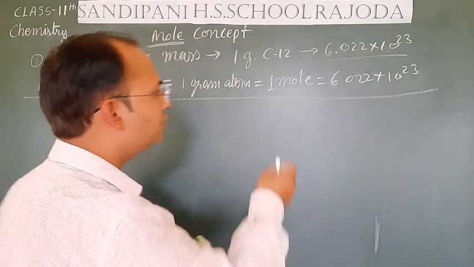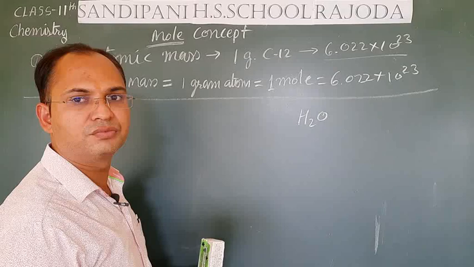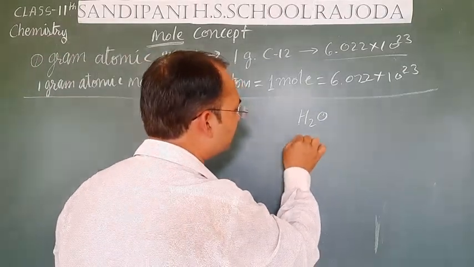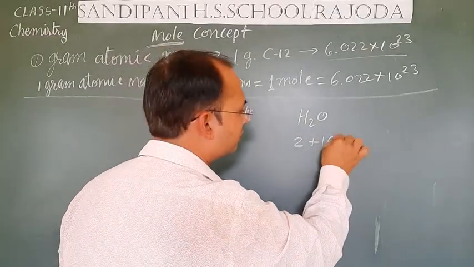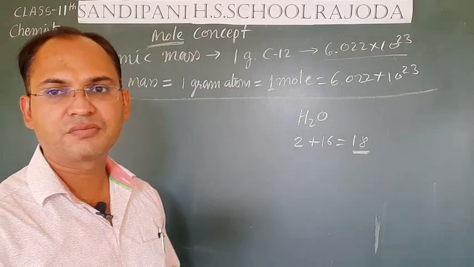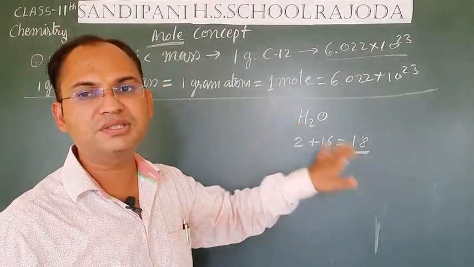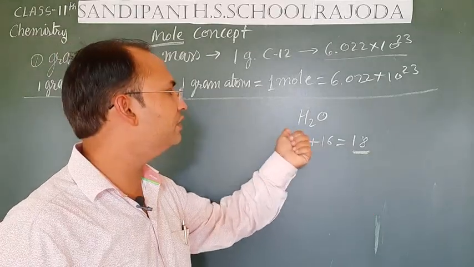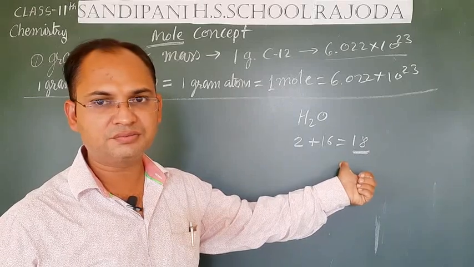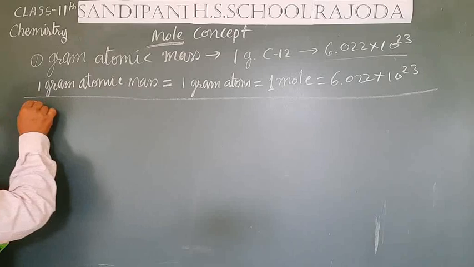For example, the molecular mass of H2O: the mass of hydrogen is 1 and 2 hydrogens are here, so 2, plus the mass of oxygen is 16, and it will be equal to 18. The molecular mass of the water molecule is 18 because the sum of the individual masses of the atoms is equal to 18.